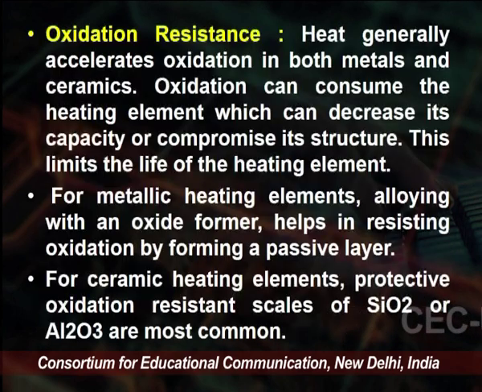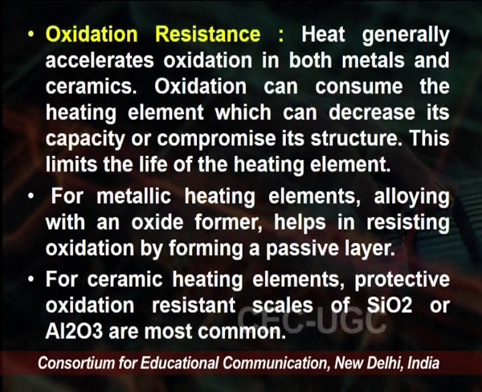Another important point is the oxidation resistance. Heat generally accelerates oxidation in both metals and ceramics. Oxidation can consume the heating element, which can decrease its capacity or compromise its structure. So, this limits the life of the heating element. For metallic heating elements, alloying with an oxide former helps in resisting oxidation by forming a passive layer.